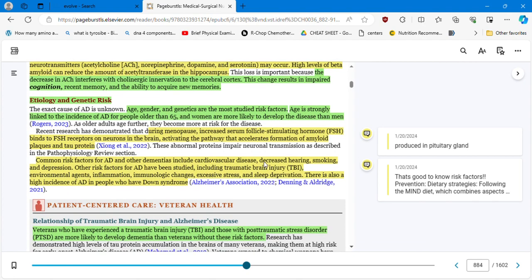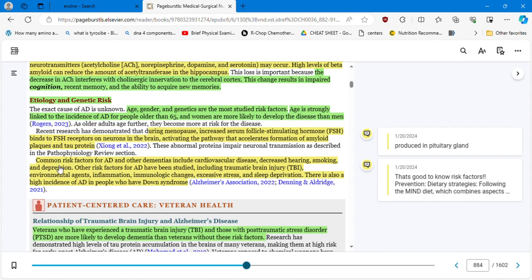Also, recent research is saying that during menopause, increased serum follicle stimulating hormone, FSH, binds to the FSH receptors on neurons in the brain, activating the pathway that accelerates formation of amyloid plaques and tau formation. And this is produced by the pituitary, okay?